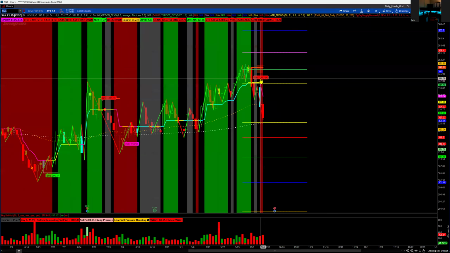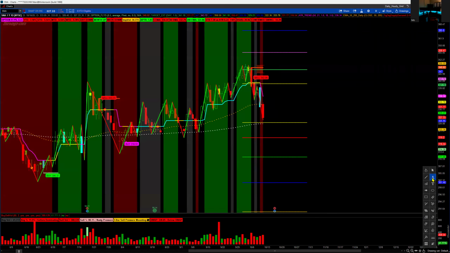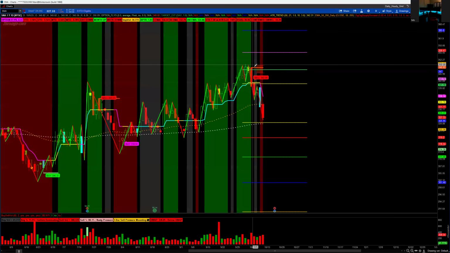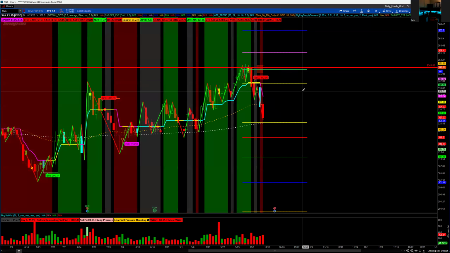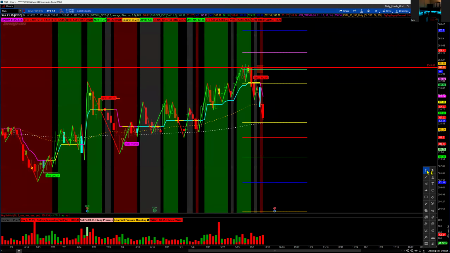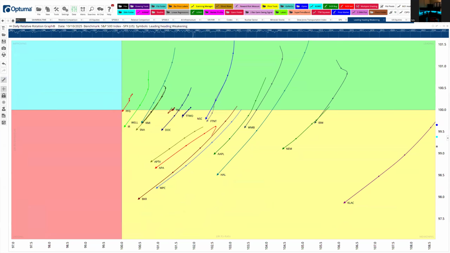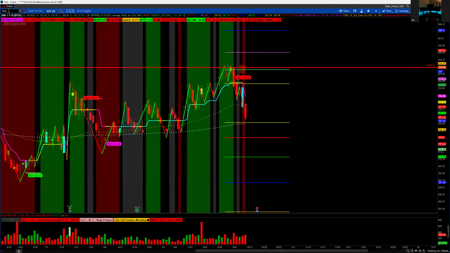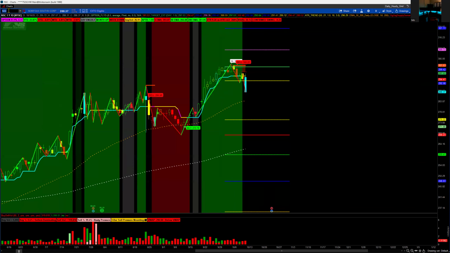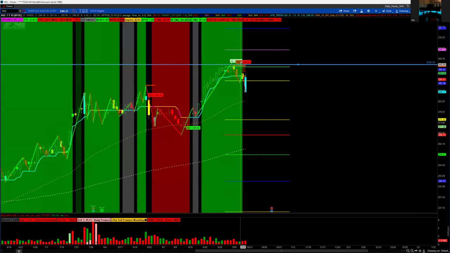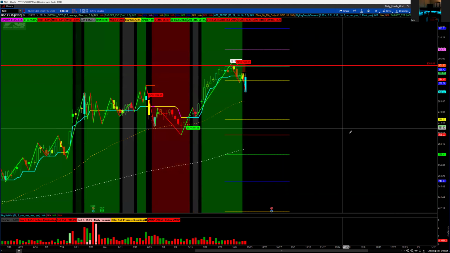It has a sell signal on it because they're rotating out, they're weakening. Same thing here. What is this, NSC? See, there's a sell signal right there against this high, 301.